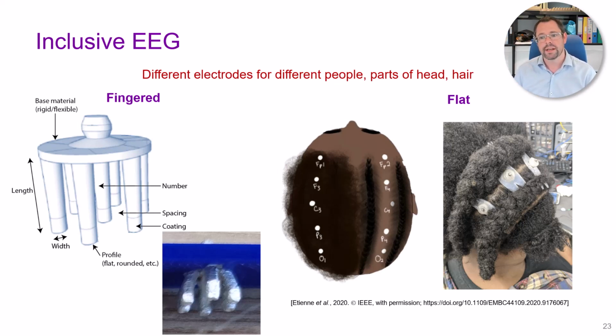There's an example on the slide from another group where the electrode is still a standard round shape, but they've customized the clip and the connection used to hold it in place against the skin. And I think there's a growing realization that having a 1 centimeter circular disc held in place with a cap or an adhesive isn't necessarily the best way of doing it for every different person.